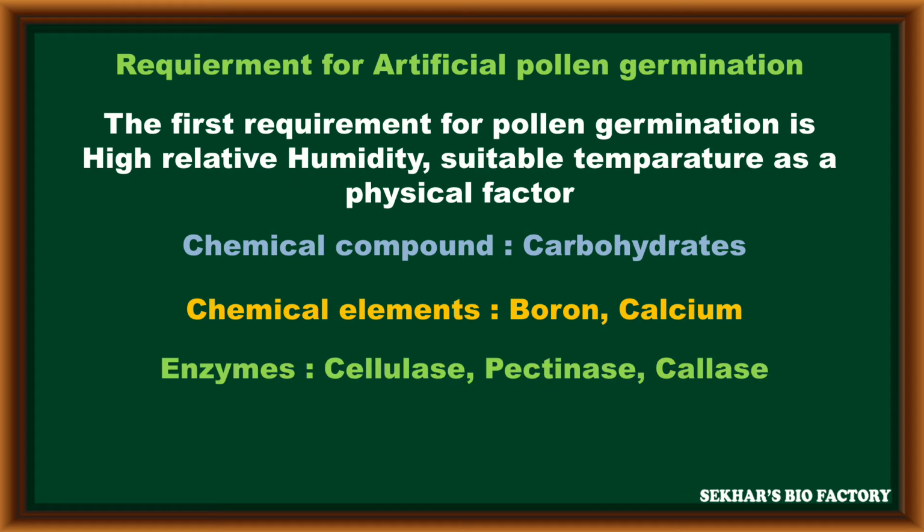Along with this, some enzymes are rarely used in artificial pollen germination. These are cellulase, pectinase and callase enzymes. Along with these, we use some hormones like IAA and GA, indole acetic acid and gibberellic acid.